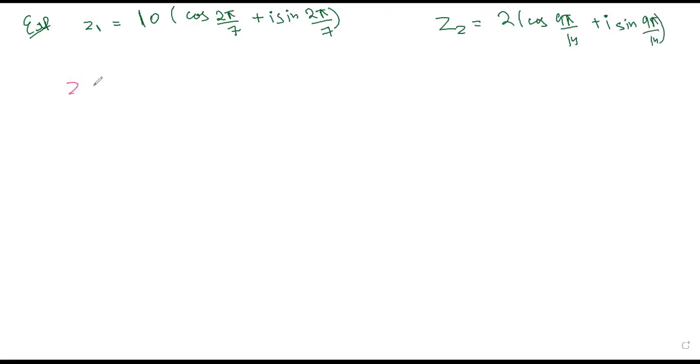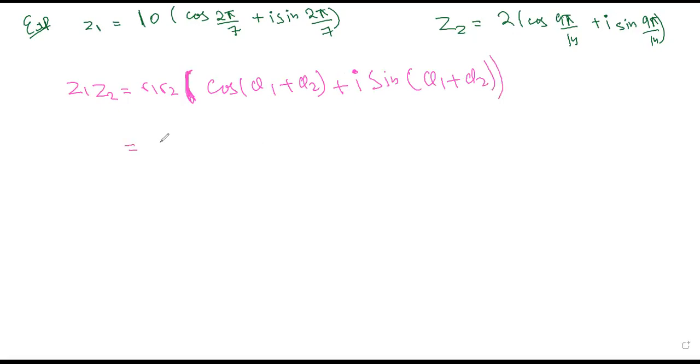So z1 into z2 is what? r1 r2, a big bracket. The same thing, cos theta 1 plus theta 2 plus iota sine theta 1 plus theta 2, right? That is it. So r1 is 10, r2 is, what is r2?